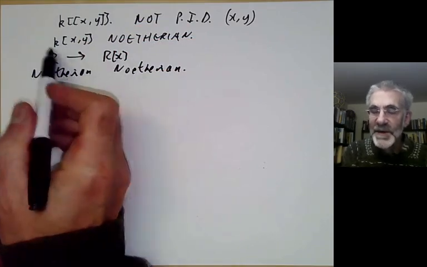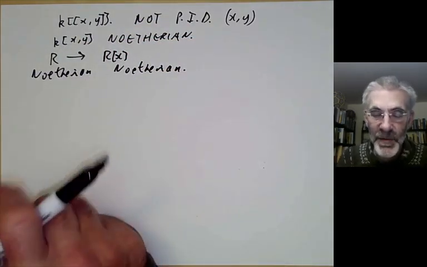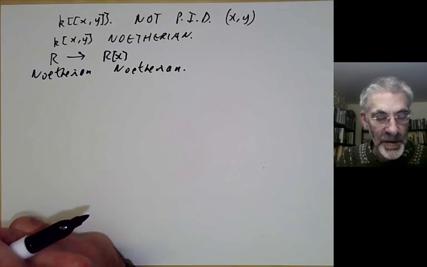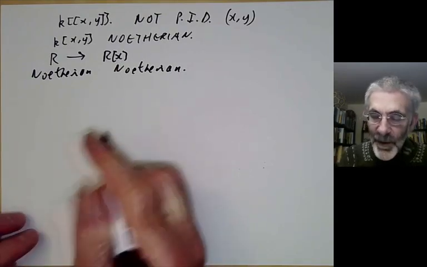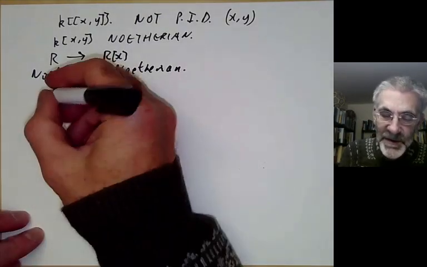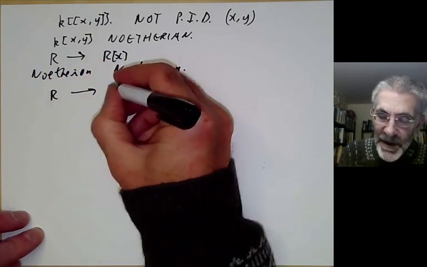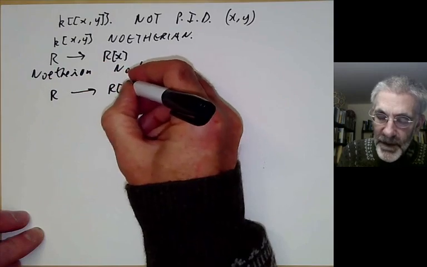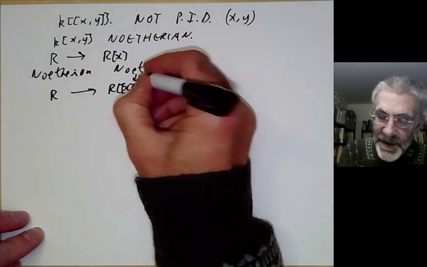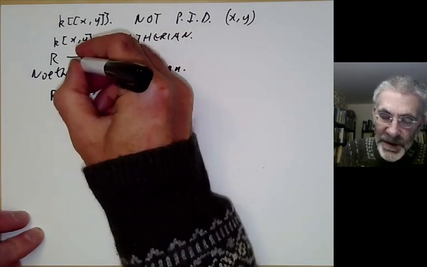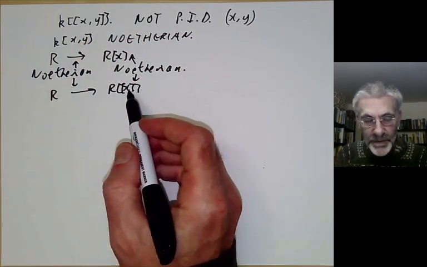And by iterating this, we see that the ring of polynomials in any number of variables over a field is Noetherian. Now we're going to do the same thing for power series rings. What we want to do is to show that R being Noetherian implies that the ring of power series in x is Noetherian. So let me just reuse these words Noetherian to save ink.